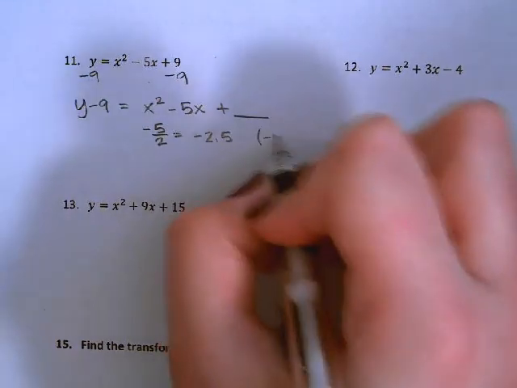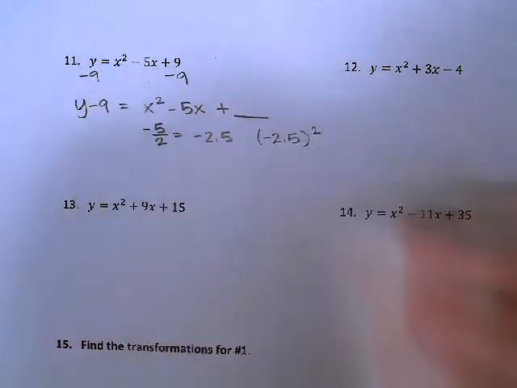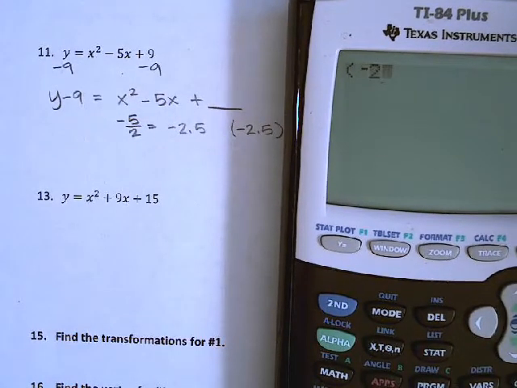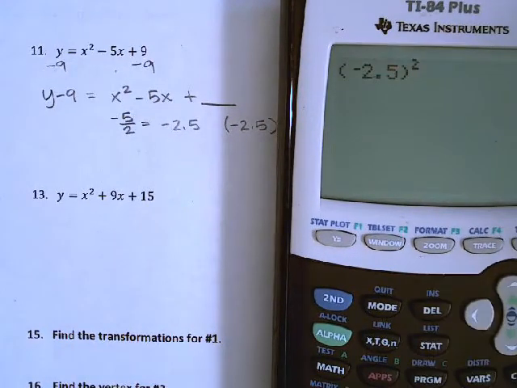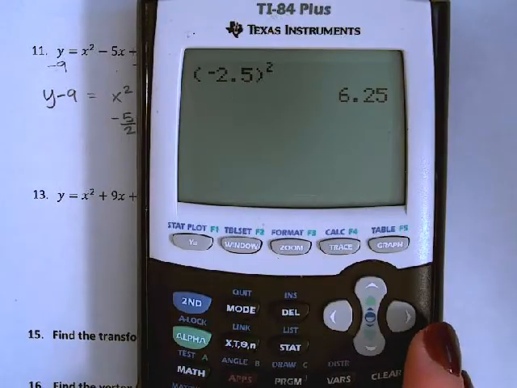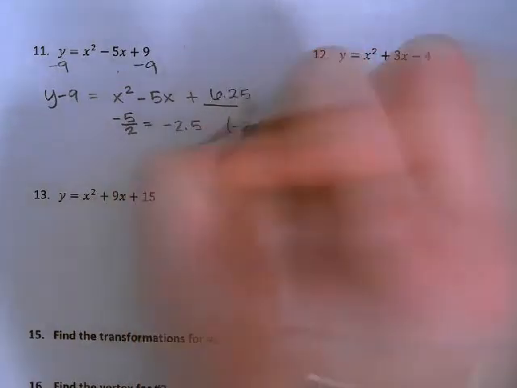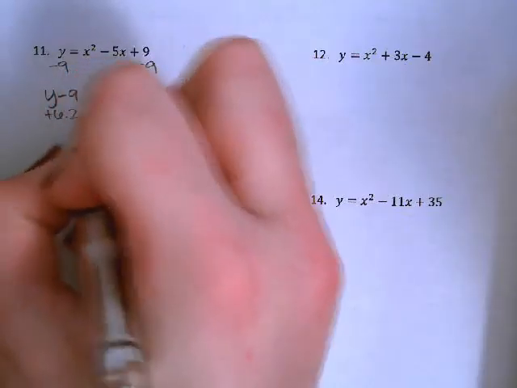And then I'm going to do negative 2.5 squared. So in my calculator, I'm typing negative 2.5 squared, 6.25. So I'm going to add 6.25 to the right side. I'm going to add 6.25 to the left side.